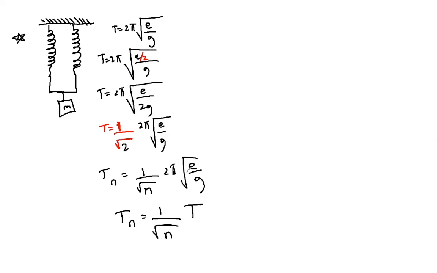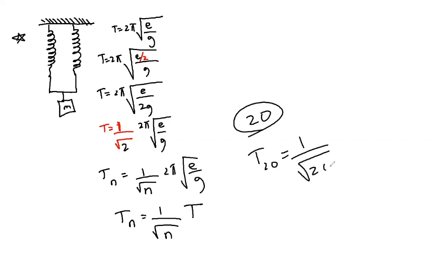So let's say you want to find the time period if you are using the same type of springs. Let's say I want to find the time period for 20 springs. You take this 20, and it's going to be T20, which is 1 divided by under root 20 multiplied by whatever time period you had.